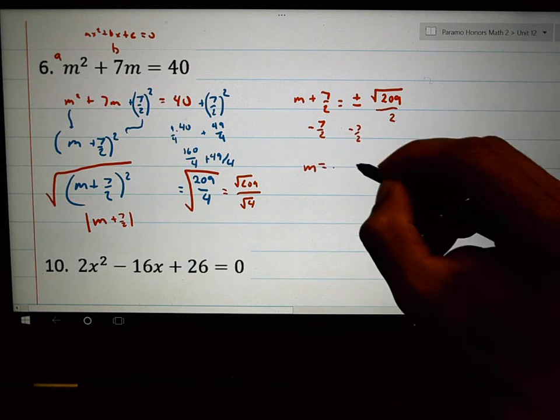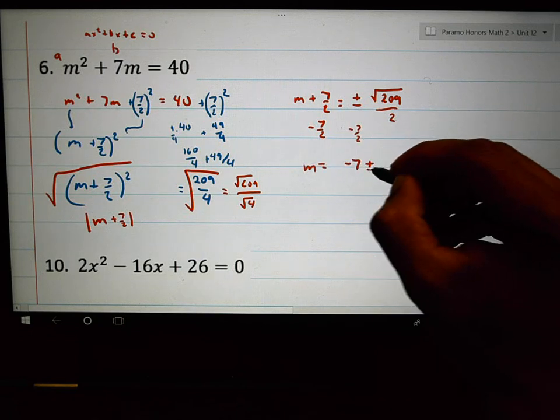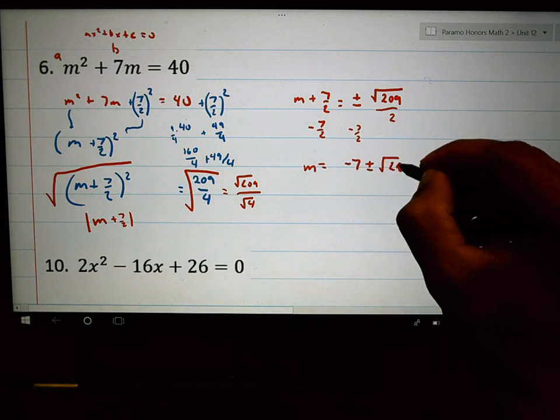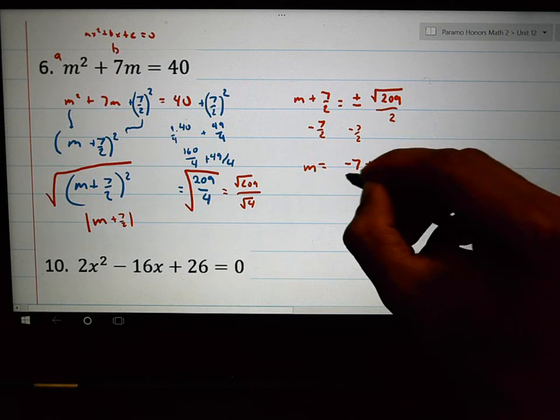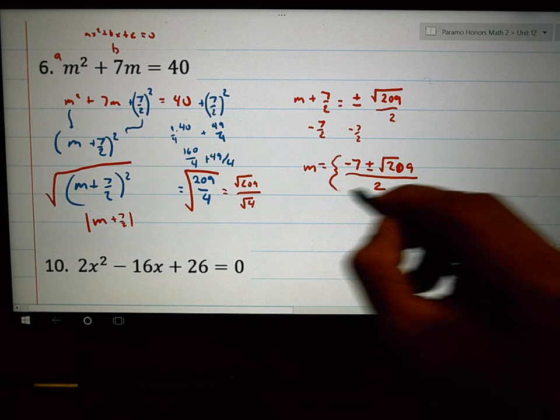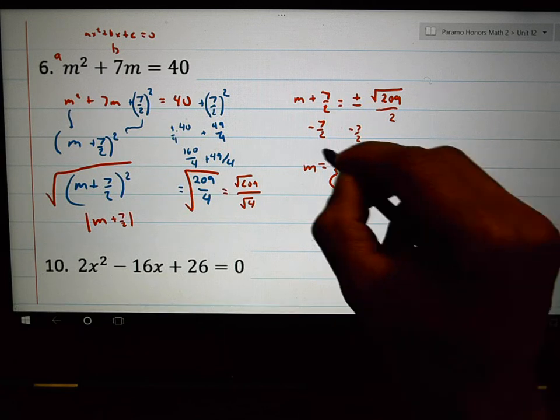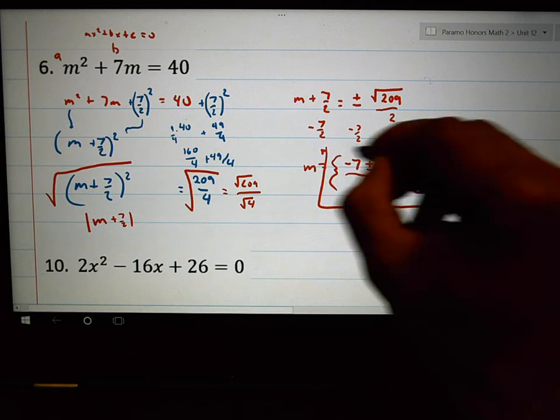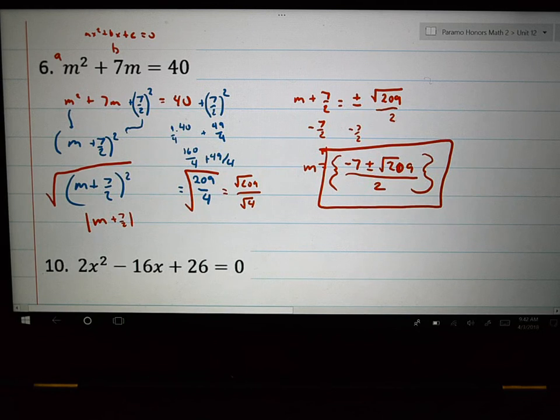That's so nice and neat. My answer, it's a messy answer, negative 7 plus or minus root 209 over 2.